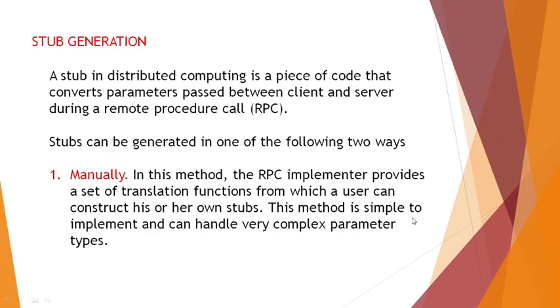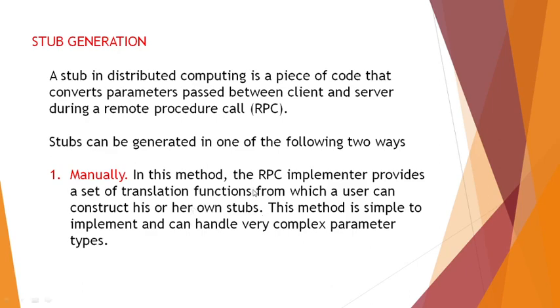So stubs can be generated in two ways, manual or automatic. In the manual method, the implementer, meaning any programmer of the RPC implementer, will provide a set of translation functions so that it converts them into their own stubs, so that a user can construct his or her own stubs.